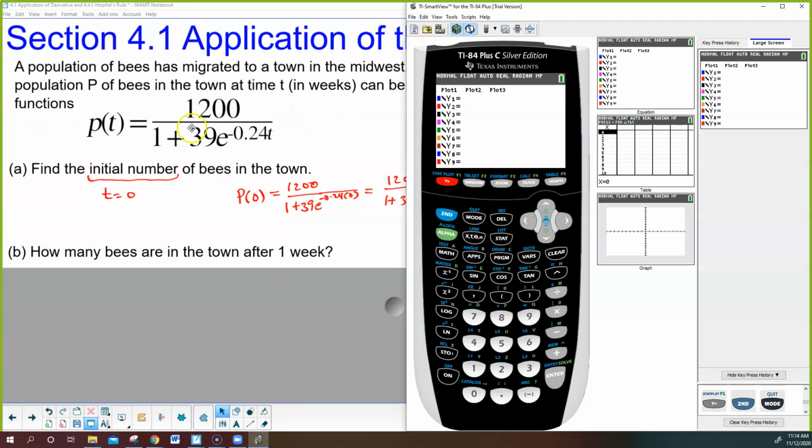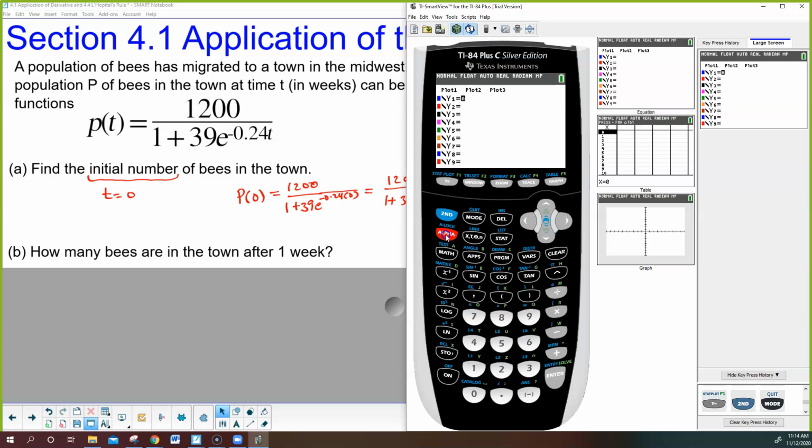There we go. So here's a little hint, and this works if you have a TI-84 calculator. If I hit y equals, I don't know if you know this, I just learned it a couple years ago.